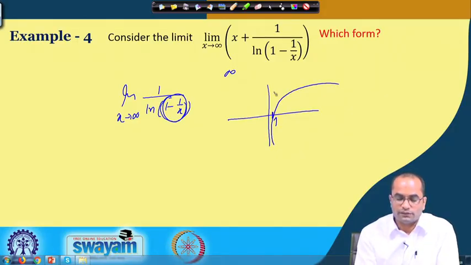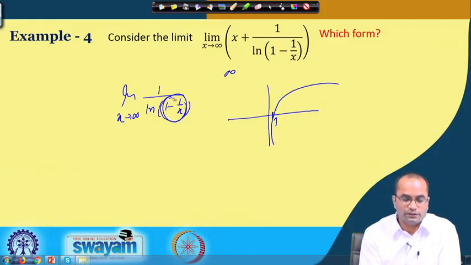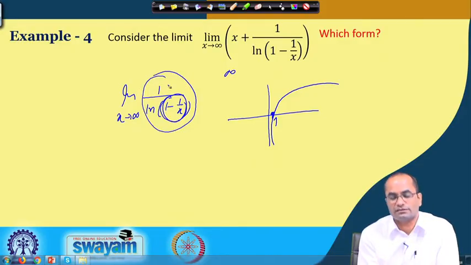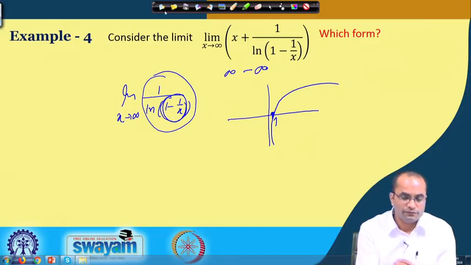So, less than 1, the logarithmic takes negative values. So, here in the denominator ln 1 minus 1 over x takes all negative values. So, when x goes to infinity, this is going to 1, but all these values are negative. So, 1 over 0, this is actually tending to minus infinity. So, what we have there, this form is minus infinity form.